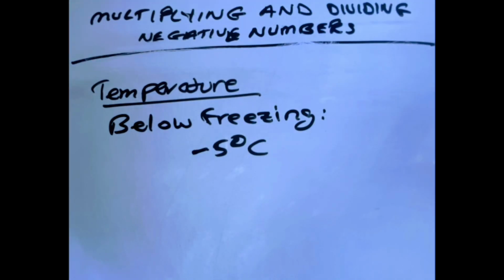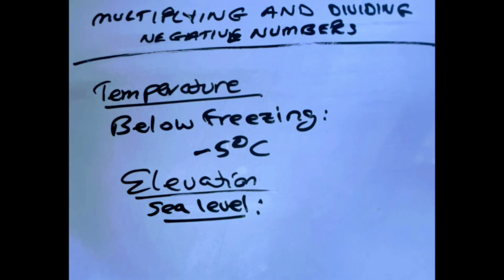When we are reporting in weather reports indicating cold conditions, when we say it's -5 degrees Celsius, that means the temperatures are below freezing. They are below zero. Also, when we're discussing elevation and sea level, locations that are below sea level, like the Dead Sea, are represented with negative numbers. For example, -430 meters indicates how far below sea level it is.